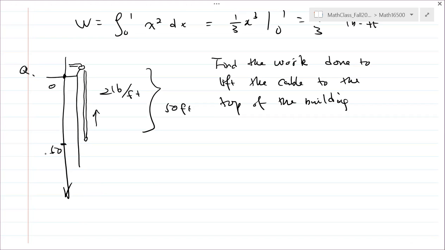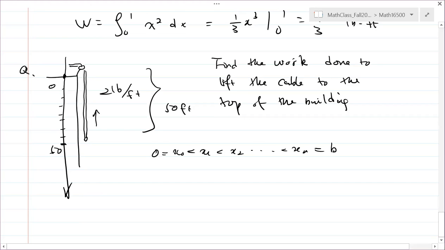So how can I do that? This time I'm going to cut the cable into many separate pieces. Divide, still using the coordinate 0 = x0 less than x1 less than x2 ... xn = 50.